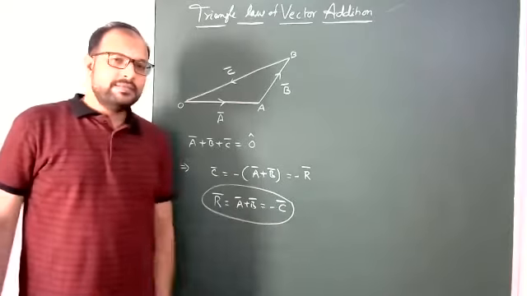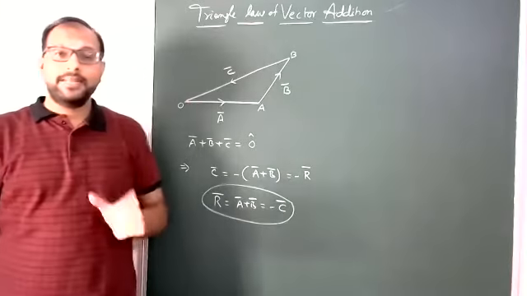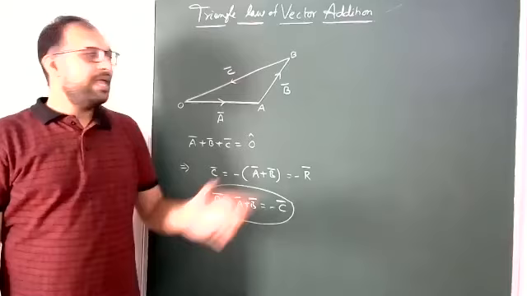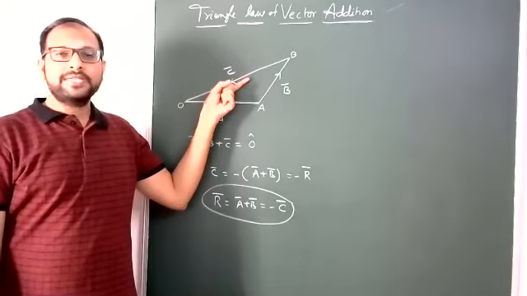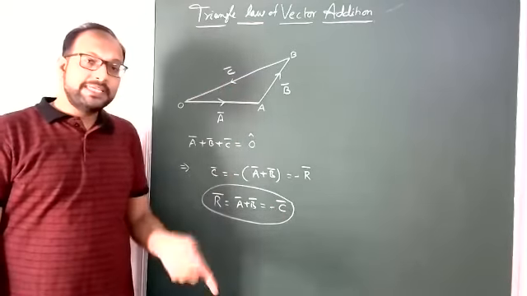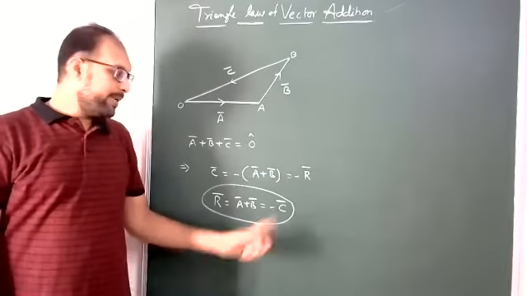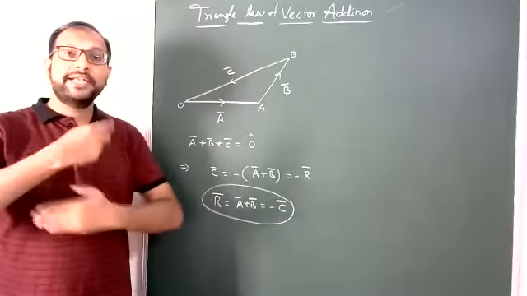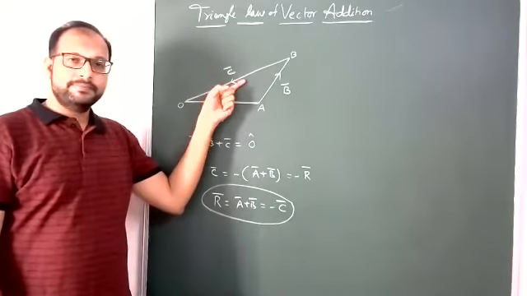Now here students, C bar is representing the last side, meaning the last vector. C bar represents the last vector, but we need minus, the negative of the last vector.